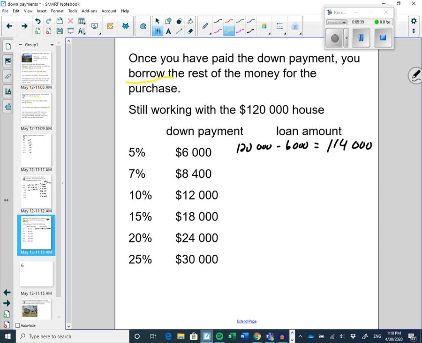Okay, if $8,400 is the down payment, these are all going to be subtract. 120 minus 84, it's just subtract. Okay, all subtract. The house is 120,000.